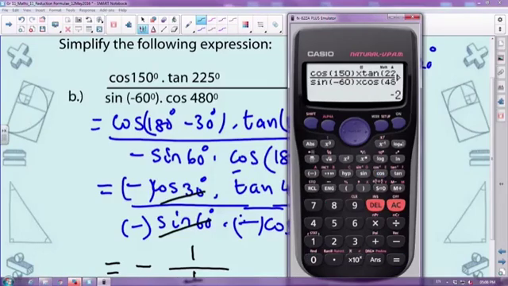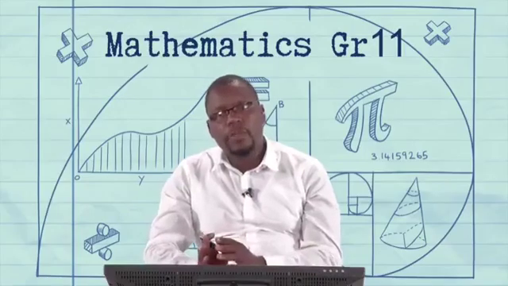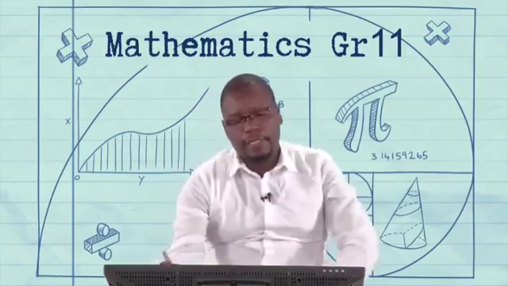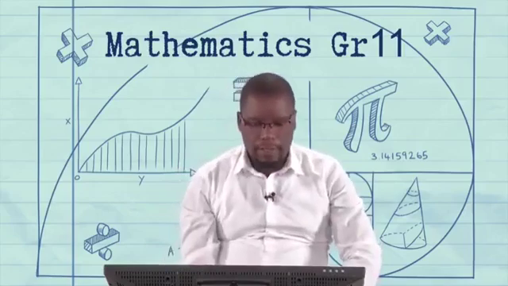So it means that what you are working on, at the end of the day, you get a minus 2. If you punch it in your calculator, for instance, a question like this will be like 5 marks, 6 marks. So it means that you've got maximum marks because you are getting the very same thing that your calculator confirms. Okay.